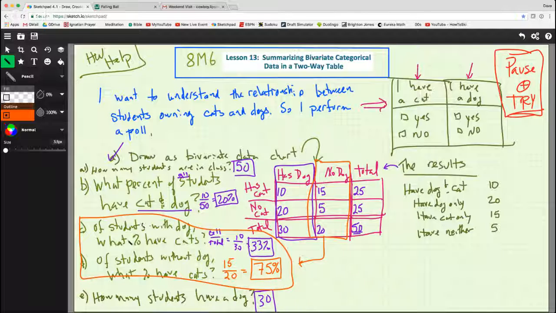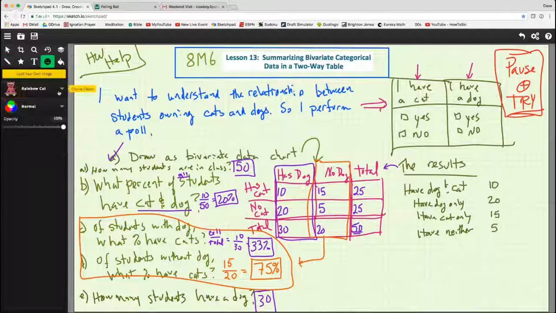If we have a dog, we're much less likely to have a cat. And if we don't have a dog, we're much more likely to have a cat. So we think there's probably a relationship between having a dog and having a cat. In other words, if we have a dog, we probably don't have a cat, and if we don't have a dog, we're likely to have a cat. But in the next lesson, lesson 14, we're going to be able to answer that question more definitively.